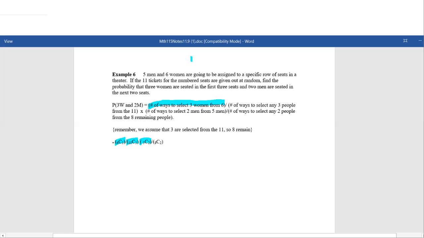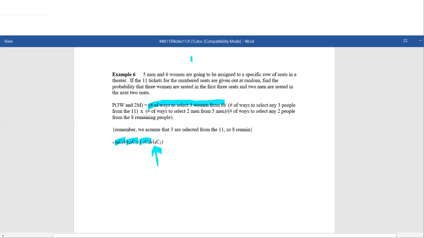Okay, now notice what happened to the selection here. Because you already picked 3 right here, you only have 8 left to choose from for that second probability. You have to assume that you already picked the 3 women out of the 11, so that gives you 8 left.